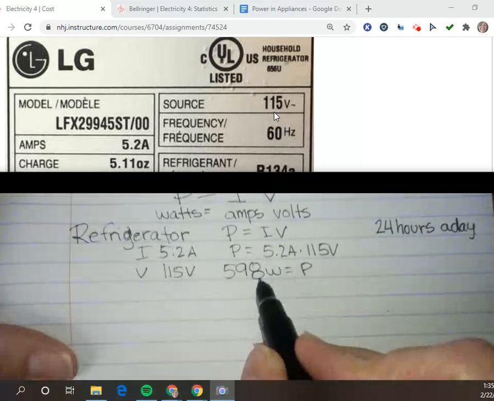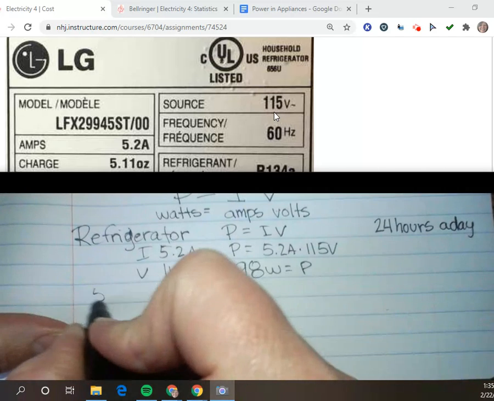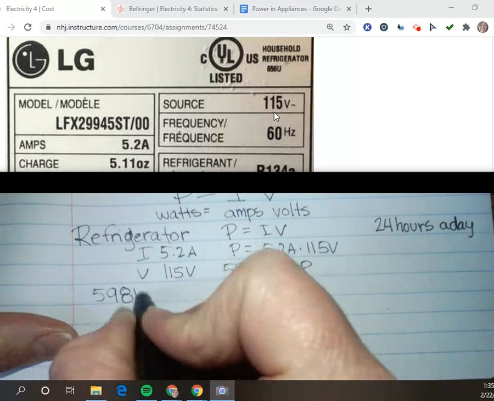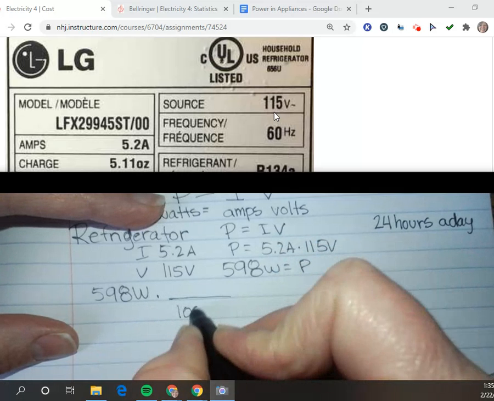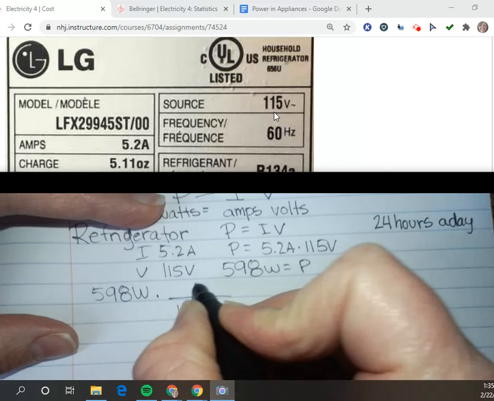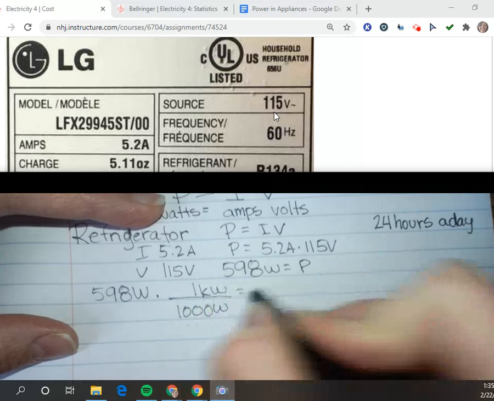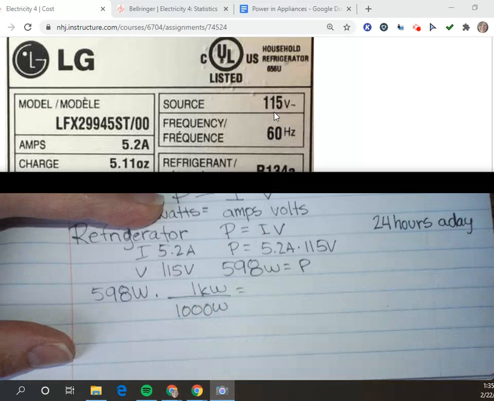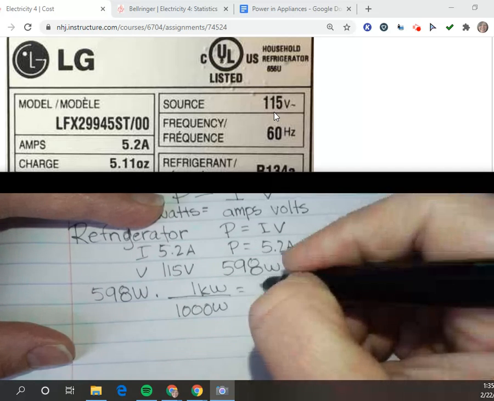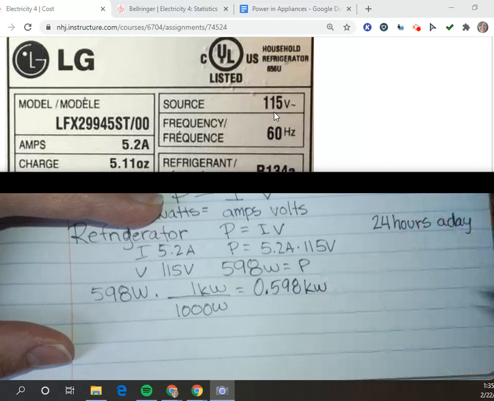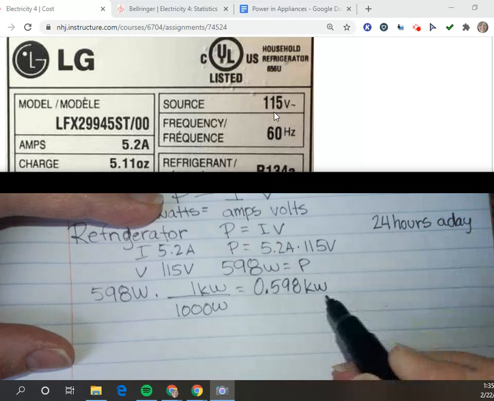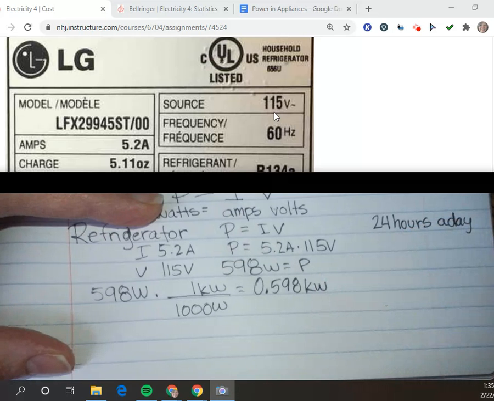So if it's 598 watts, we're going to have to find how many kilowatts is it. And that one, once again, is not quite as straightforward and easy as the examples. Okay. That's how many kilowatts we're going to use.